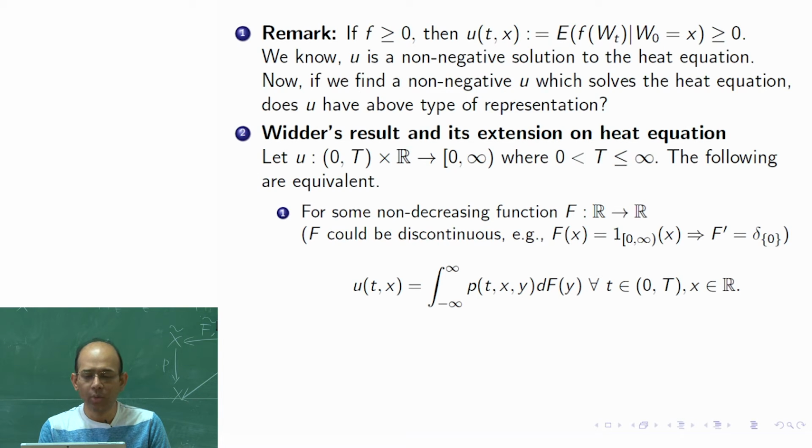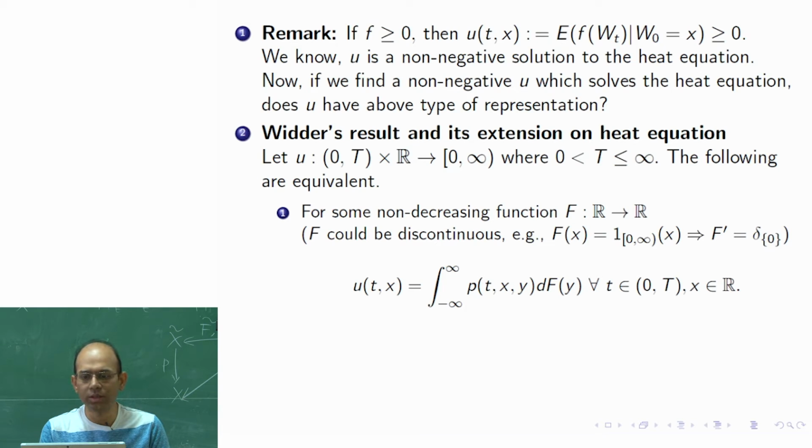Okay, how can we do this? Here we have assumed capital F to be non-decreasing. For non-decreasing functions we can define the notion of a Stieltjes integral. So this is just a Stieltjes integral, and capital F could be any non-decreasing function.